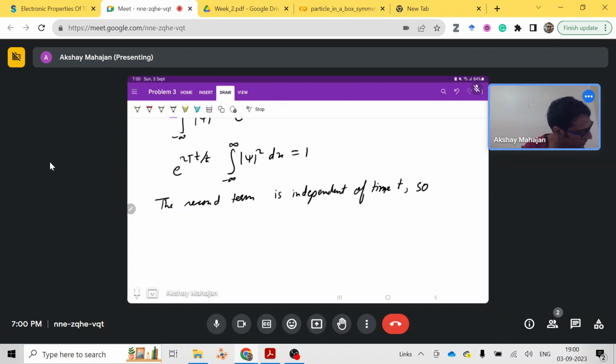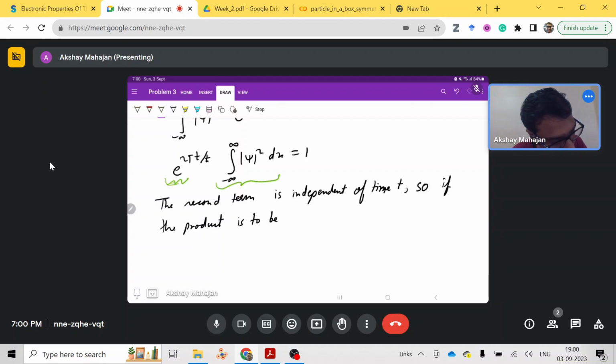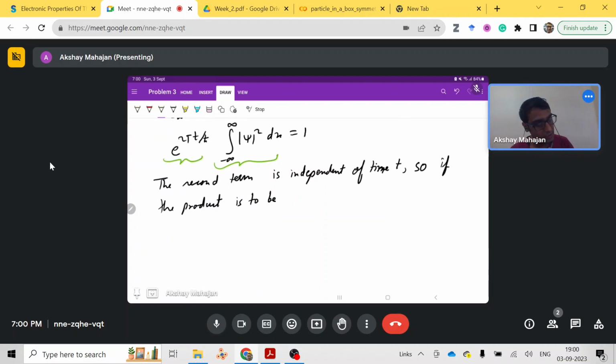So this is basically two terms. This is our first term and this is our second term, and what we are saying is that the product of these two terms has to be equal to 1 for the normalization. And you can see that the second term is independent of time t.